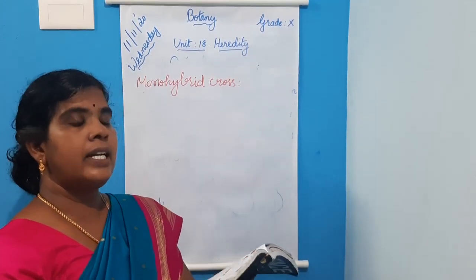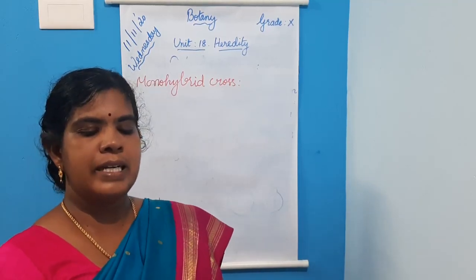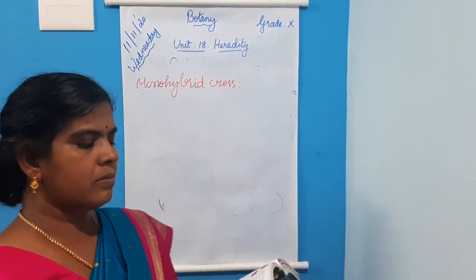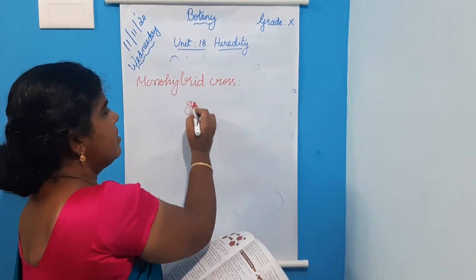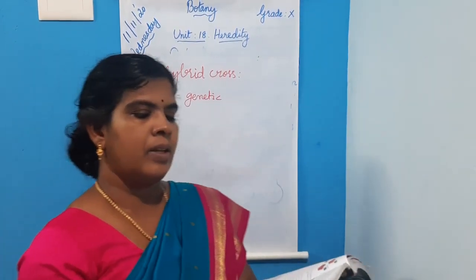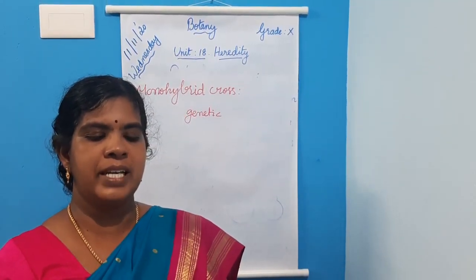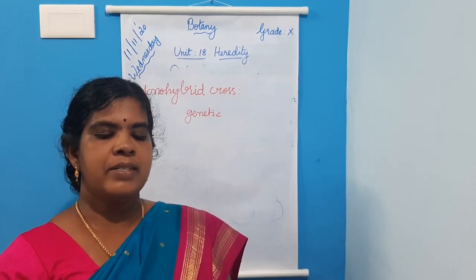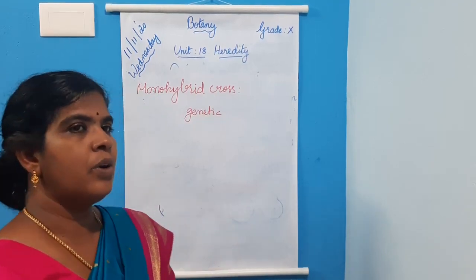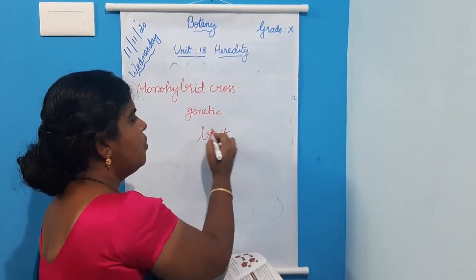Under the heading monohybrid cross, first point: a monohybrid cross is a genetic cross that involves a single pair of genes which is responsible for one trait.